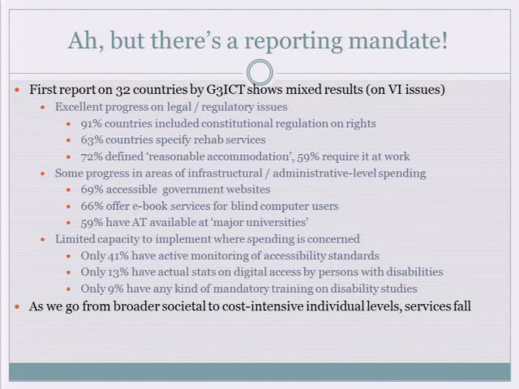And what I have on my slide here is that the third level, which is what the country actually needs to do for the population, is the place where the least amount of progress has been made from the countries where there has been a survey so far. The survey is done by G3ICT, which is a UN-mandated body looking at disability in the developing world.